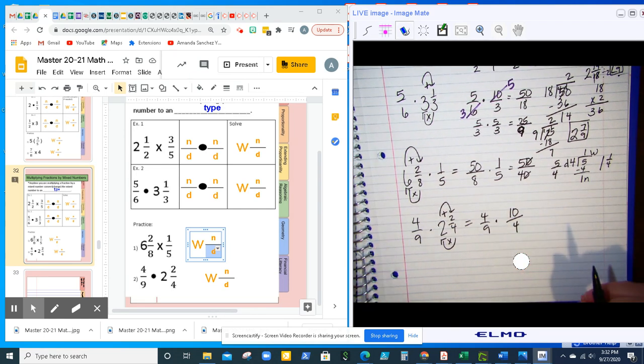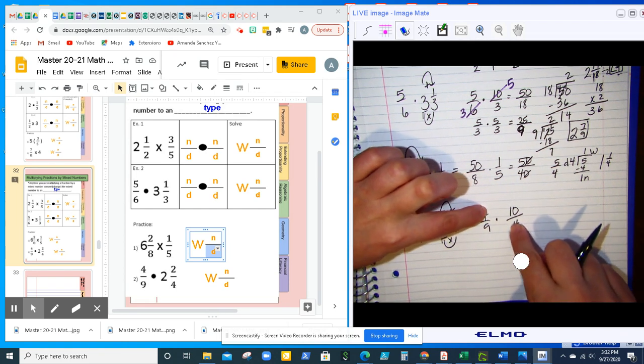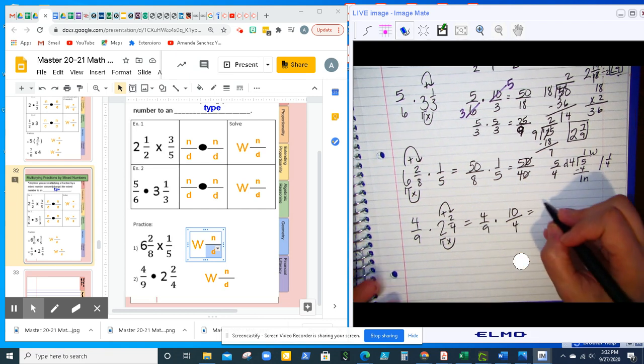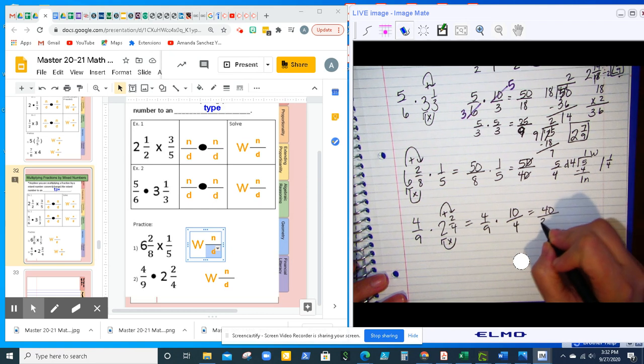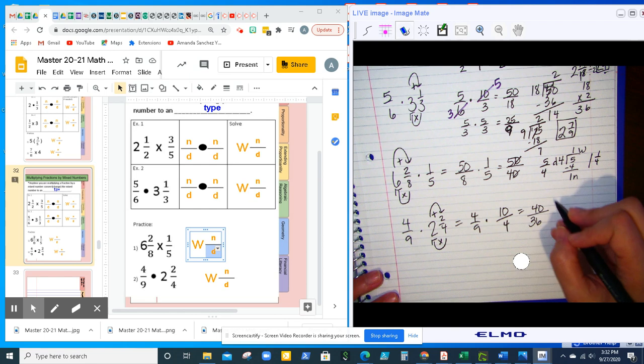Now if you want to do the cross canceling, you can do that because I already see 2 4s that could cross out and become 1s. But I'm just going to go across. So 4 times 10 is 40, and 9 times 4 is 36. What can go into both numbers or go into division? So I'm going to go into division.